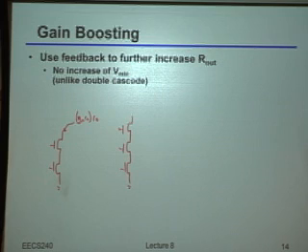Right? Just go and add yet another cascode device. And then you'd get something like gmro squared times ro. Now, hopefully the obvious thing that's kind of bad about this particular configuration is that now you need even more voltage drop across the thing to actually make sure you really do get that high output impedance. Okay?